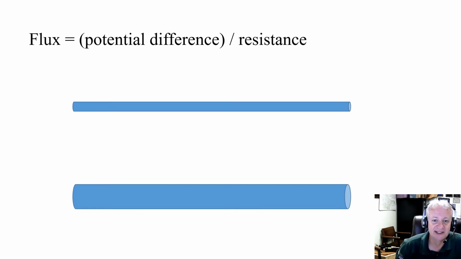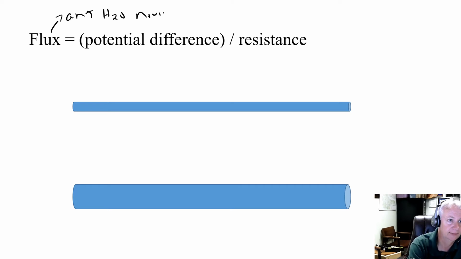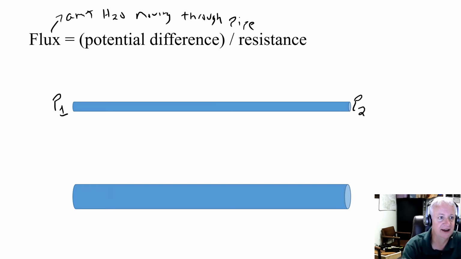You know, thinking about this in terms of pipes, I'm coming back to pipes or conduits. These might be xylem elements, for instance, where the flux is the amount of water moving through a pipe. You could even think of this as a garden hose, for instance, is another way to think about it, where there's a pressure on one side of the conduit and a pressure on the other side of the conduit.